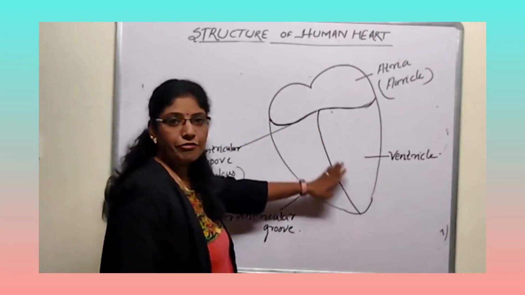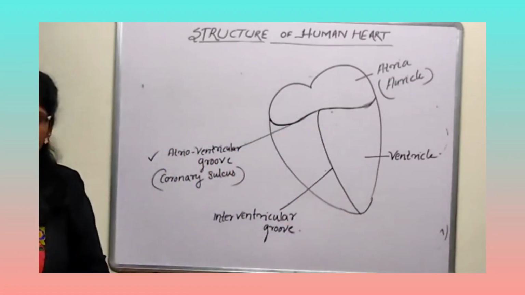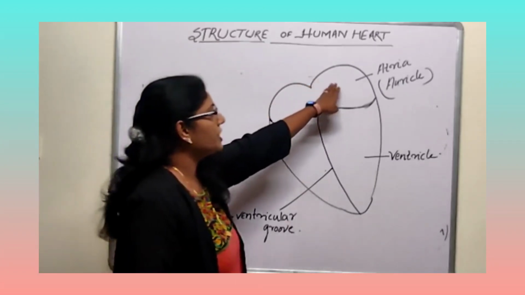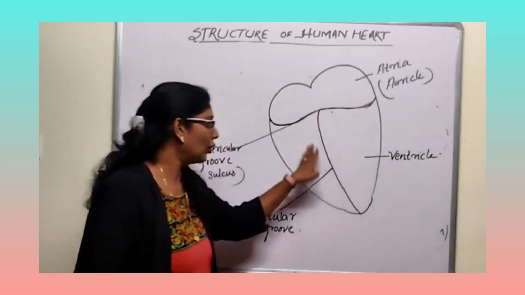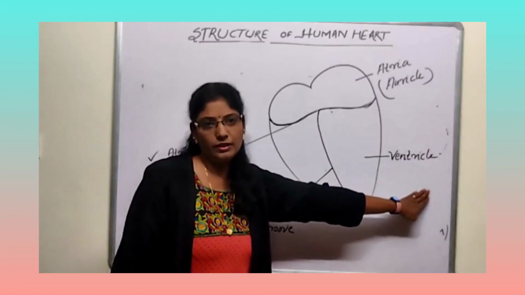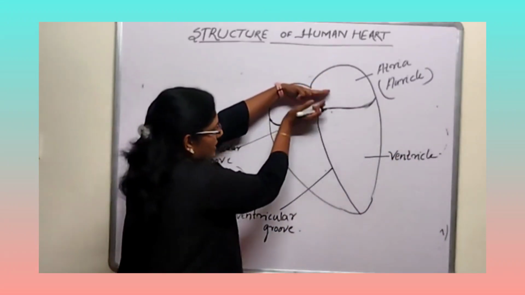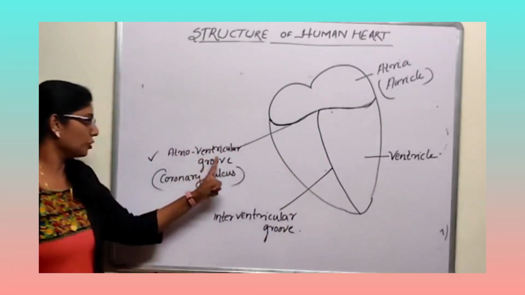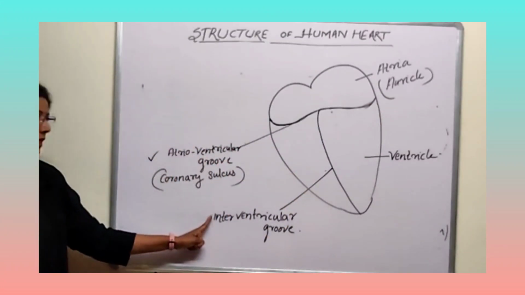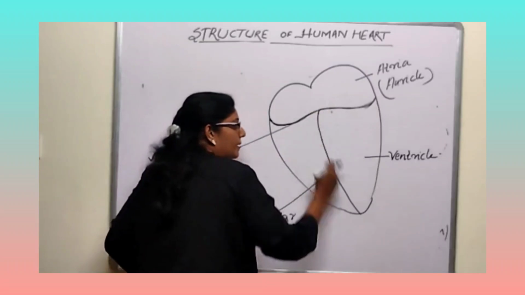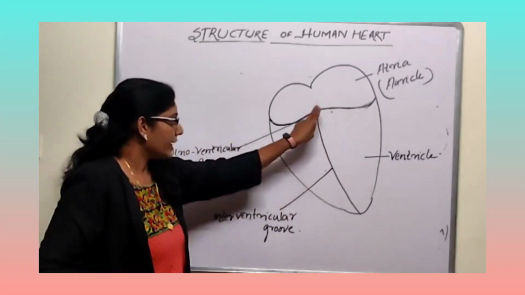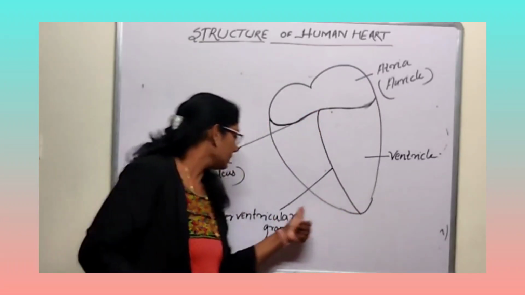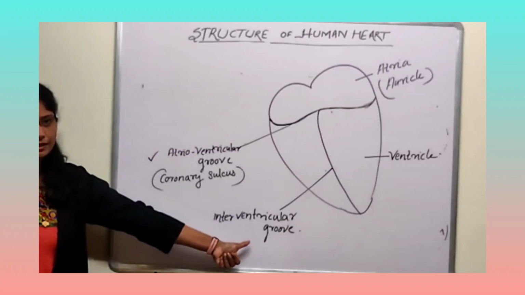So externally we can see 4 chambers. The upper 2 chambers are called atria and the lower 2 chambers are called ventricles. The atria are separated from the ventricles by the atrioventricular groove or coronary sulcus. The ventricles are separated from one another by the interventricular groove.